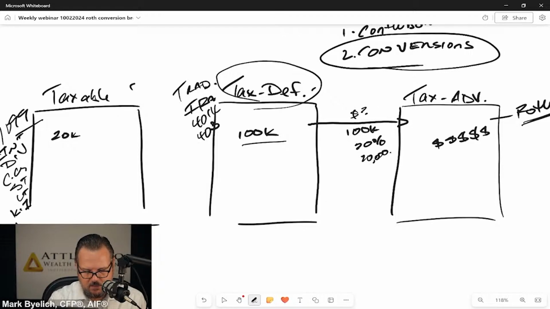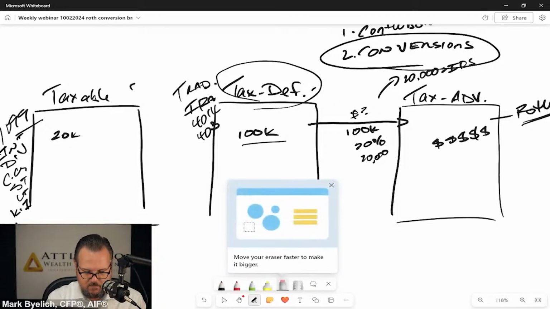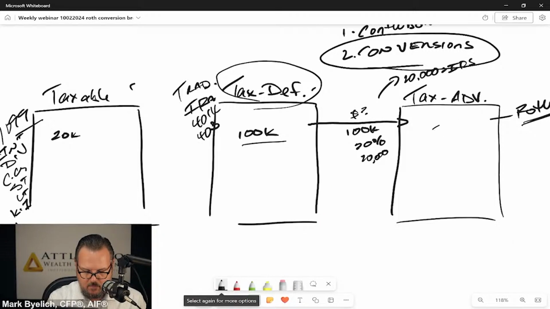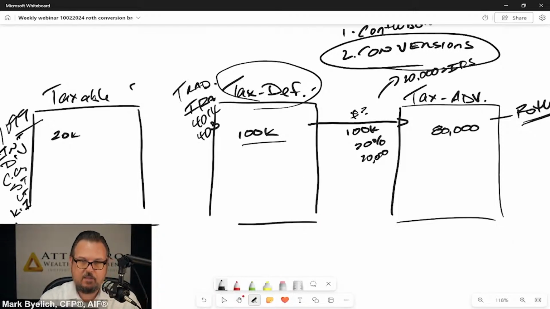That's going to go to the IRS for that conversion. So you can either withhold those funds, so that $20,000 goes to the IRS, never to be seen again, and then $80,000 ends up in the Roth IRA. So that's method number one for paying that tax, because you had to pay the tax on the Roth conversion.